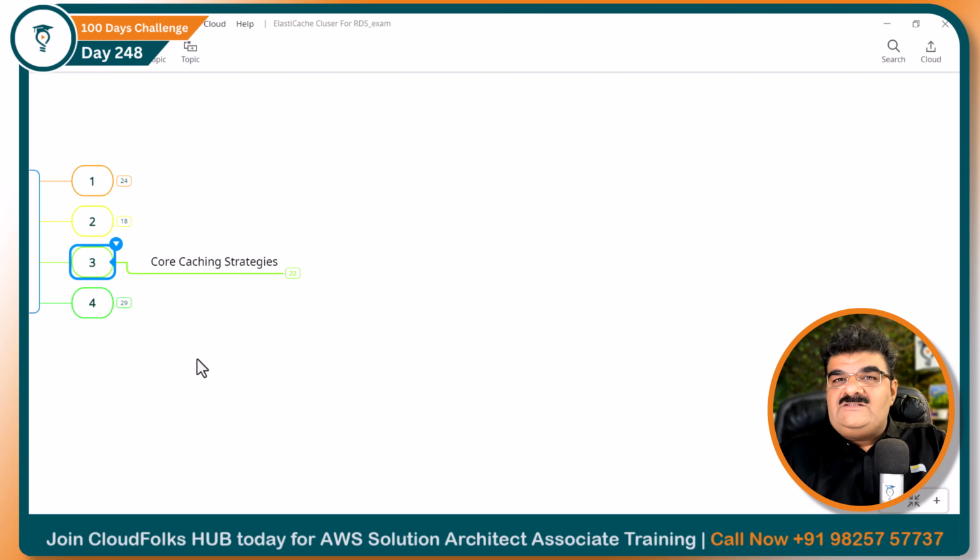As a cloud professional, if you hear a terminology in the question that you don't know, you are in a dilemma in your mind: I don't know what this is, so how can I answer this? This is actually happening. So I thought, okay, let's add this caching strategy over here, so when you read questions related to ElastiCache, you will feel comfortable and be aware of all this wording. If you are not getting this kind of wording on another platform, don't worry about it, because this is normally happening.